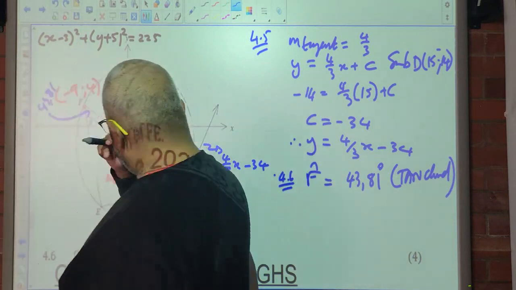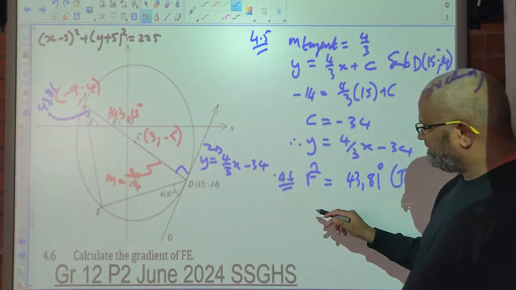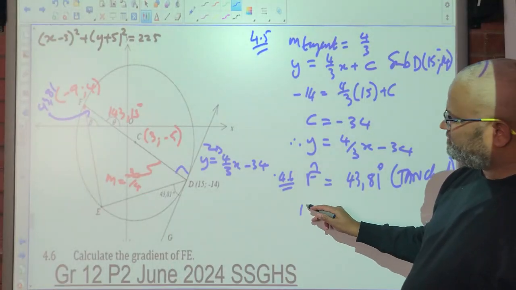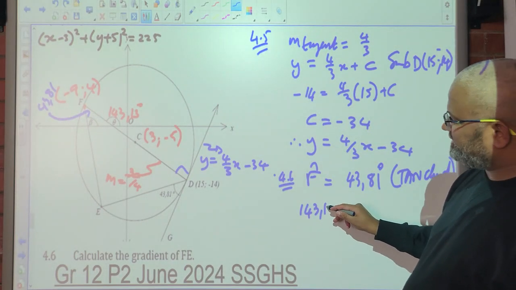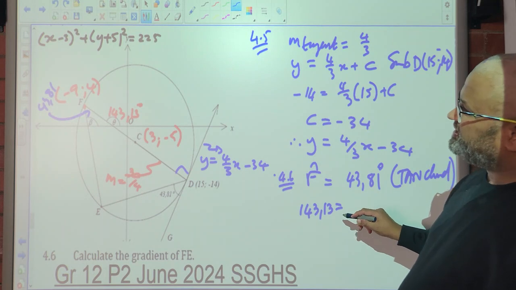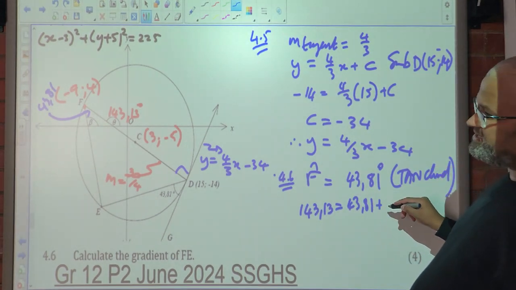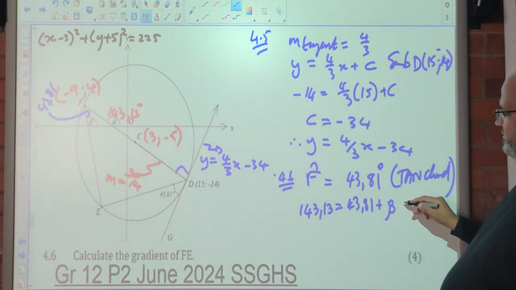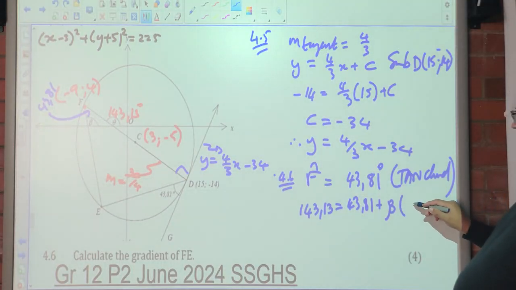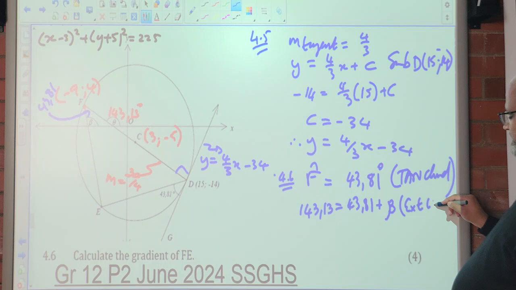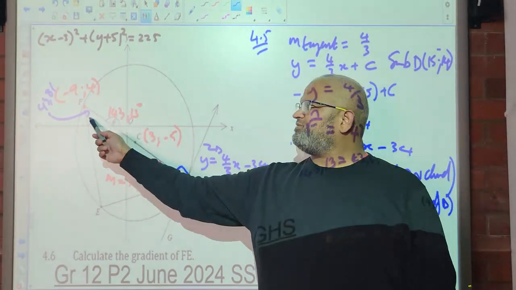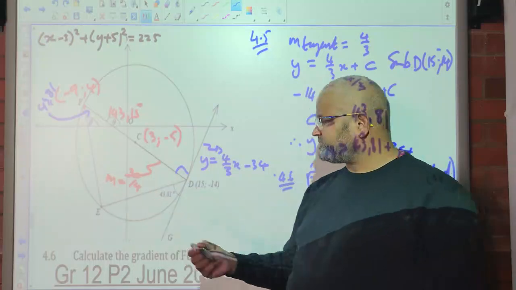Okay, so to calculate beta, we know that theta, which is 143,13, equals F, which is 43,81, plus angle B, the exterior angle of the triangle. Exterior angle is equal to the sum of the two interior opposite angles.